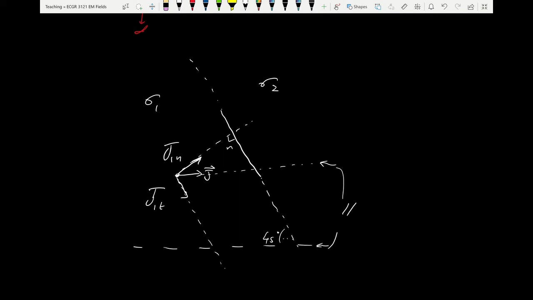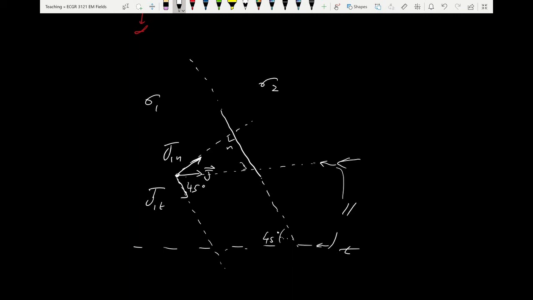So this angle should be 45 degrees. Another way of showing it is that you see those two parallel lines here, and here. Using the theorem from Euclidean geometry, this angle should be equal to this angle, right?